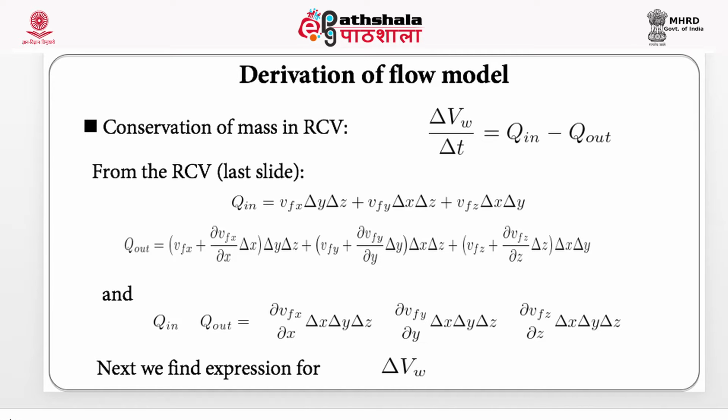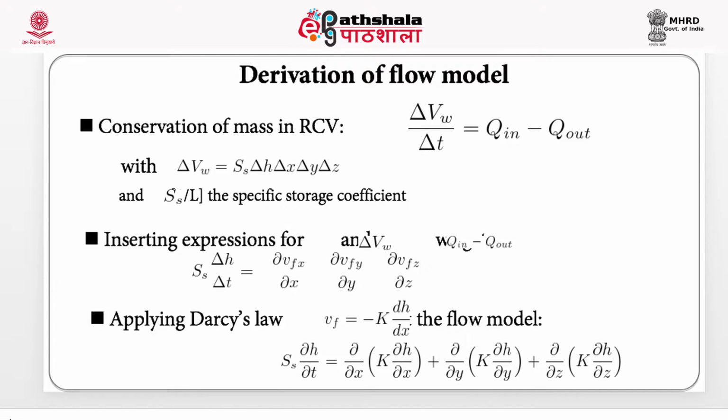There are different forms of flow model. The most visible one is the Laplace equation, which is for constant conductivity and deals with steady state conditions. When we say steady state, we mean that the time derivative is 0. So that results in the equation that you can see on the screen, that is the partial square of h, partial x square, and so on, the sum over all directions of the hydraulic head equals 0.